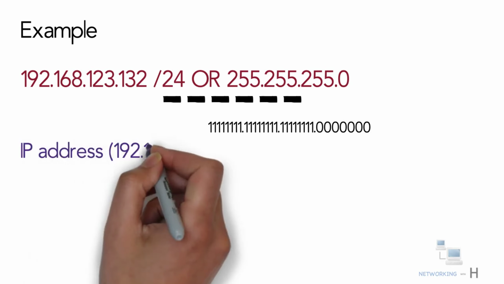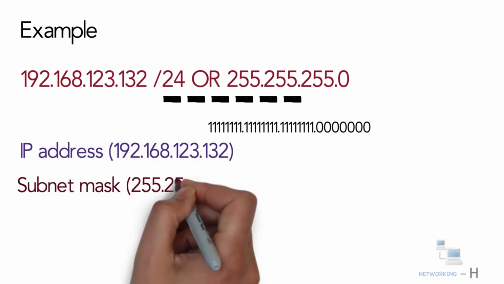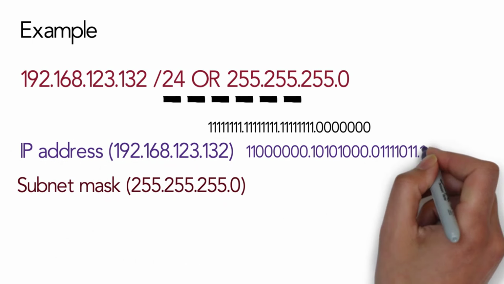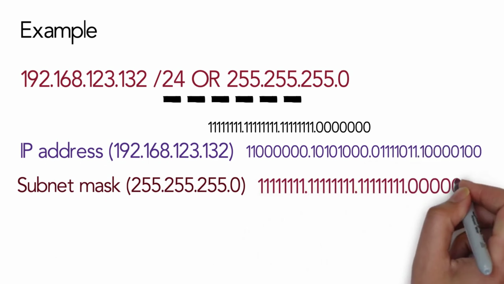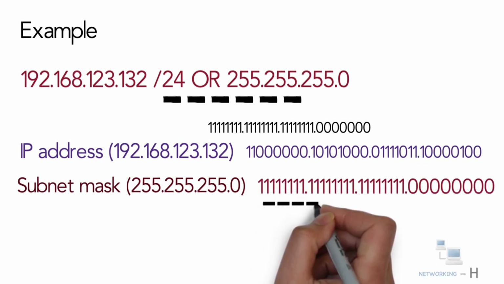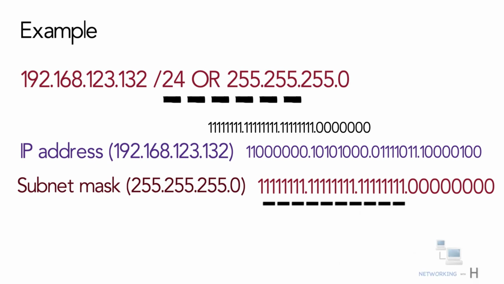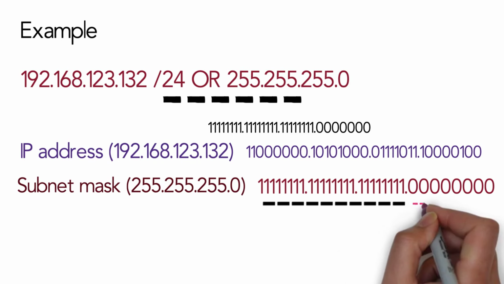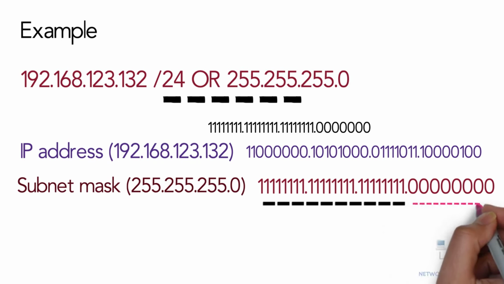Lining up the IP address and the subnet mask together, the network and the host portion of the address can be separated. The first 24 bits, the number of ones in the subnet mask, are identified as the network address, with the last 8 bits, the number of remaining zeros in the subnet mask, identified as the host address.